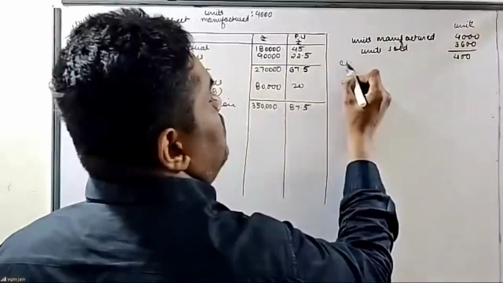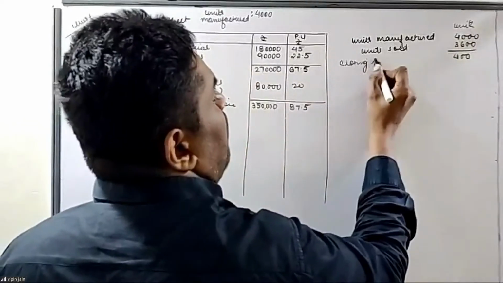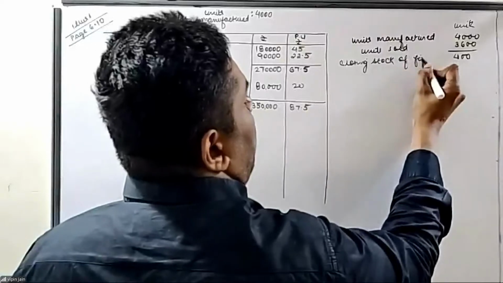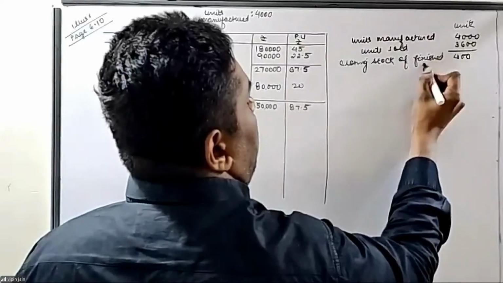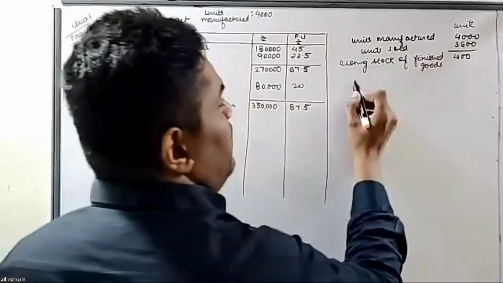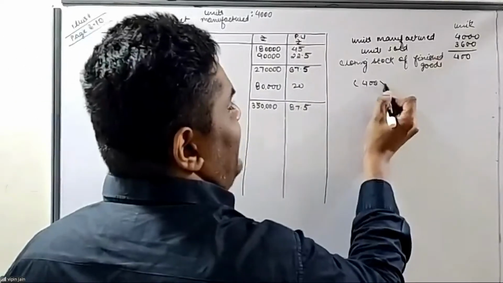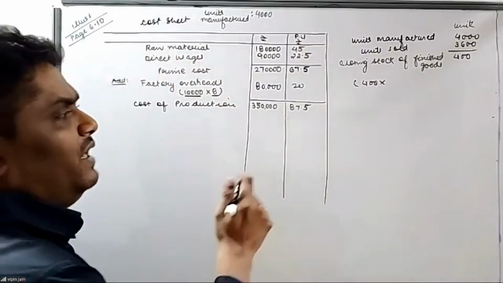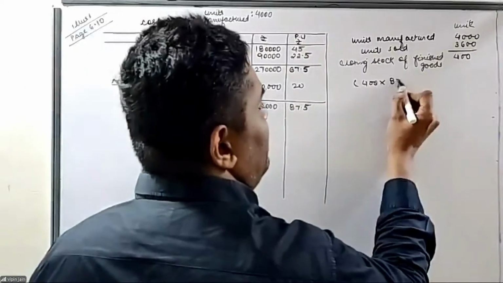We can say closing stock of finished goods, how much? 400. And as I said, that finished stock is valued at cost of production, and the cost of production per unit is 87.5.